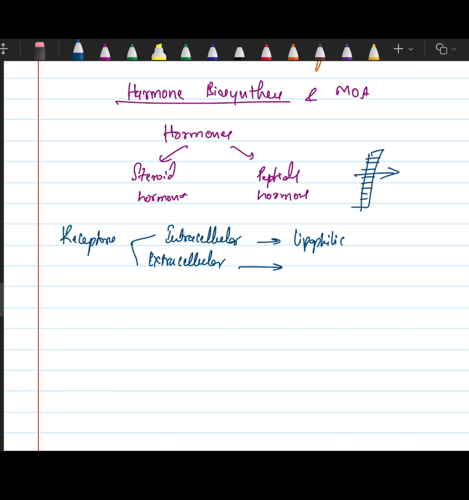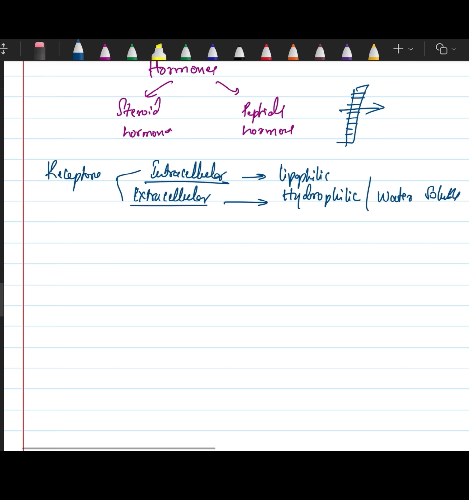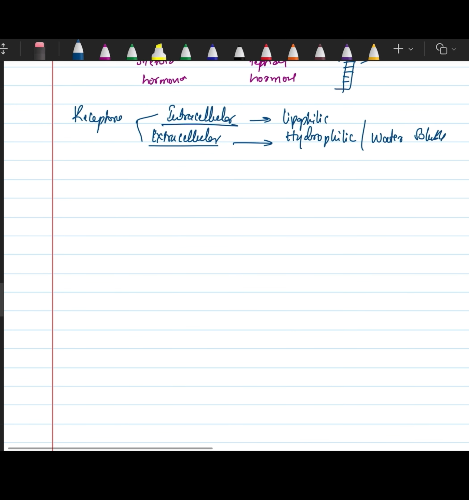Extracellular means it need not be lipophilic because it need not cross the cell membrane barrier, so it can just be hydrophilic or water soluble. These hormones bind to the receptors present on the cell surface or inside the cell and exhibit their actions. These receptors are very specific for certain hormones. They can't act on just any receptor.